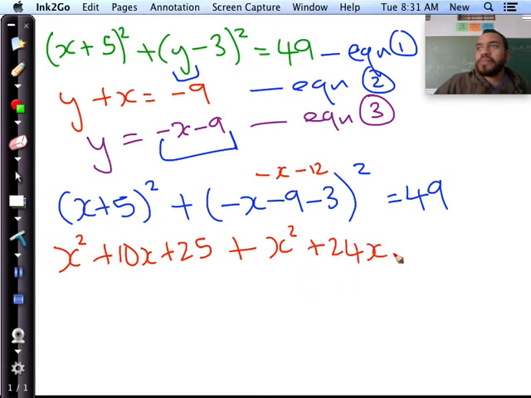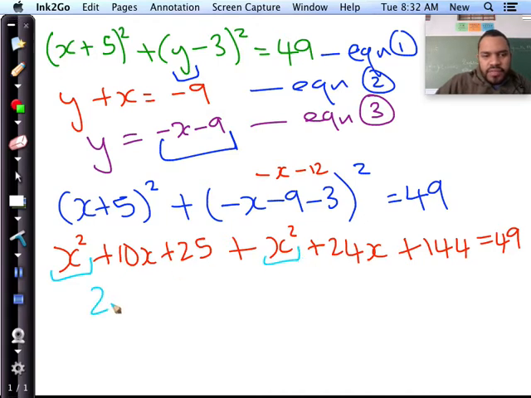Do you agree with that? And then when you square it, negative 12 times negative 12 gives you positive 144. So the rest here should be simple. Add your like terms. There's my x squared, another x squared.